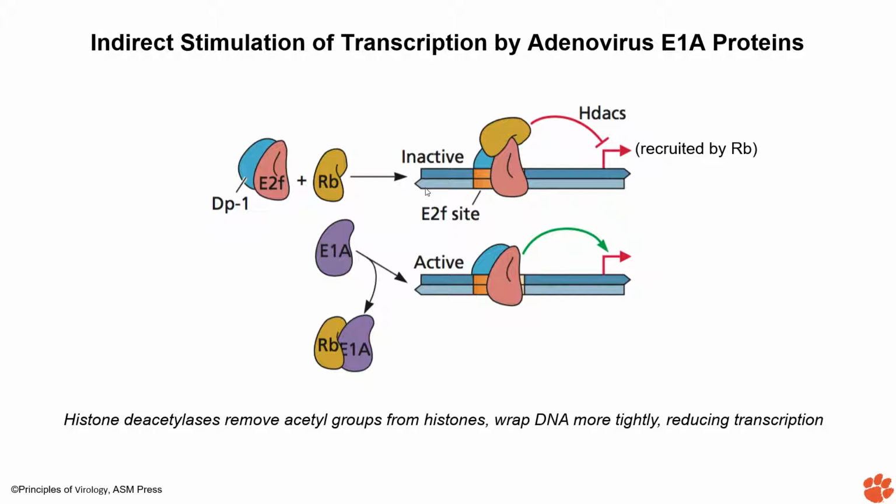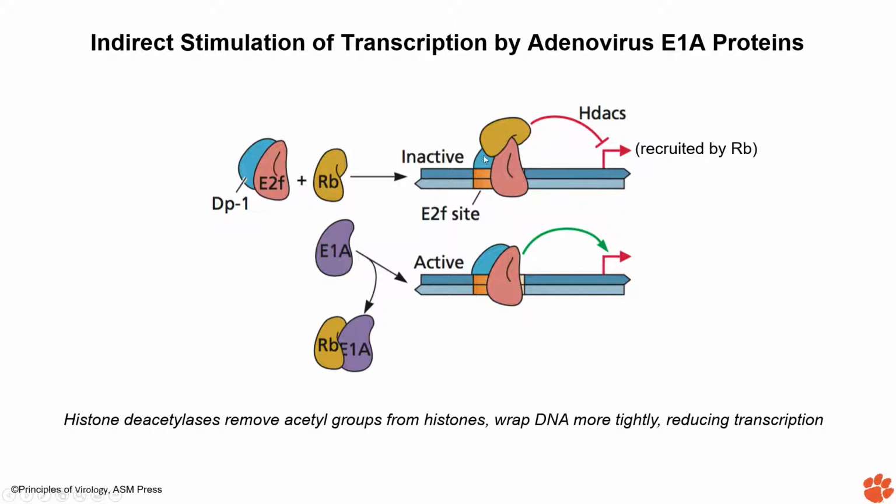This could be the cellular host DNA, or it could be the viral DNA as well, where there is a binding site for this E2F. E2F is a transcription factor, and DP1 is a dimerization partner. So there is a specific site on the DNA on which these two sit.